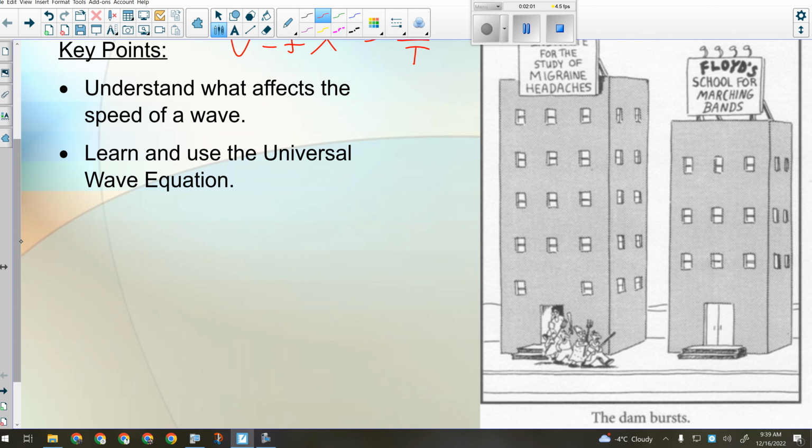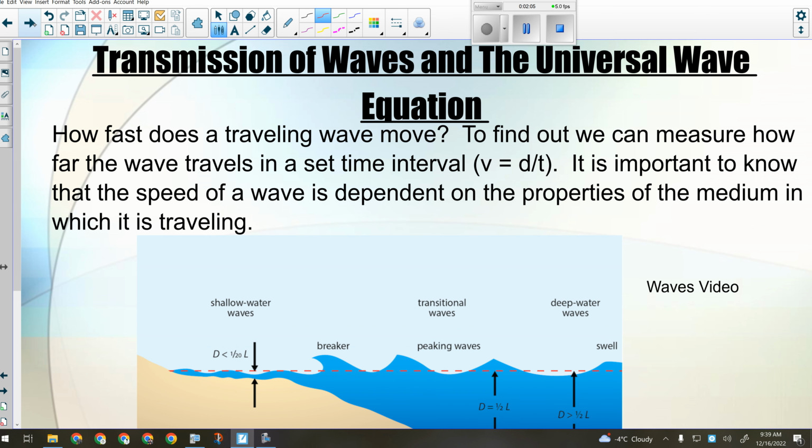All right, so if we wanted to calculate how fast a wave was moving, there are a number of ways to do that. I could just measure out a distance and time how long it takes the wave to travel through that distance, but that's not really practical out in the middle of the ocean. It's hard to put markers out there and not have them move around.